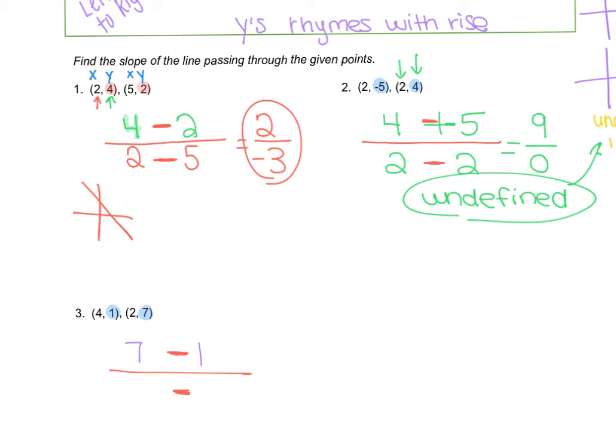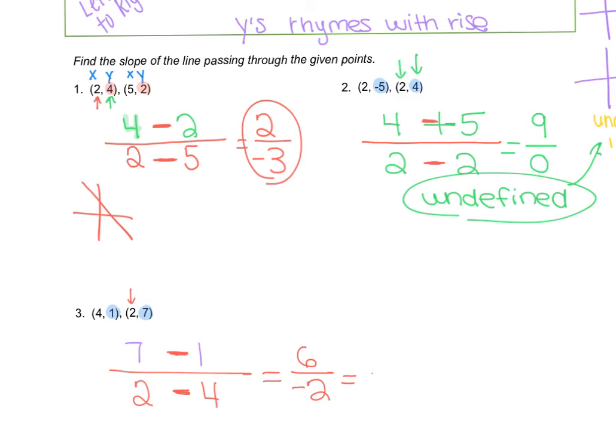And then on bottom, because I started with the 7, I have to start with the 2. 2 minus 4. So see, starting on top where I stay positive doesn't always help me on the bottom. But I like to start positive. I don't know where it's going to lead me in the denominator, but it just makes me feel better. So 7 minus 1 gives me 6. 2 minus 4 gets me -2.